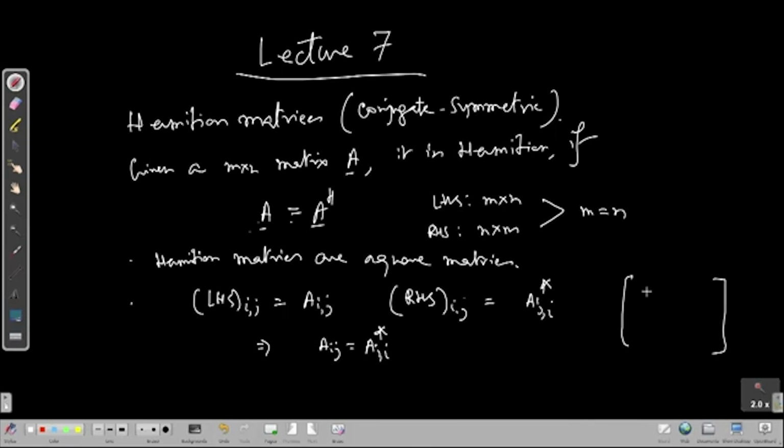And one more thing, if it is the i comma ith element, where j and i are the same, that means Aii and Aii star are the same. That happens when this is real, because a real number and its conjugate are the same. And the i comma ith element means the ith diagonal element, which means every diagonal element of a Hermitian matrix is real.